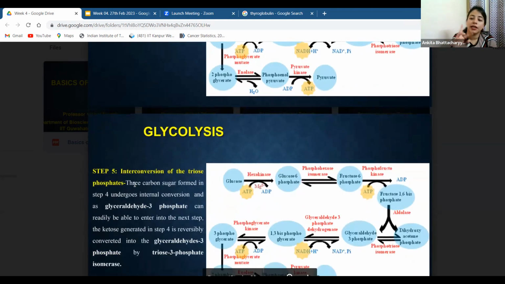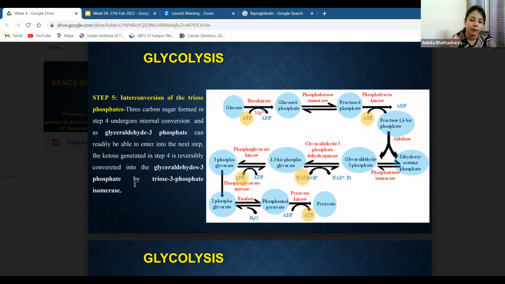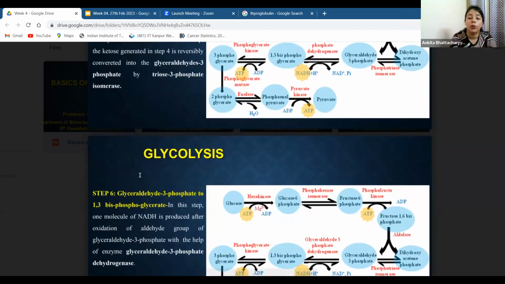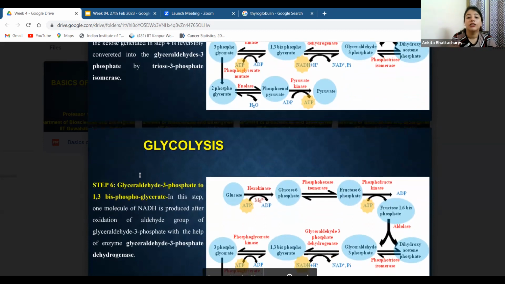The 5th step is the reversible interconversion between these 2 molecules, but among them only GAP, or glyceraldehyde 3-phosphate, is able to proceed further. And from G3P, we get 1,3-bisphosphoglycerate, 3-phosphoglycerate, 2-phosphoglycerate, phosphoenolpyruvate, and pyruvate.